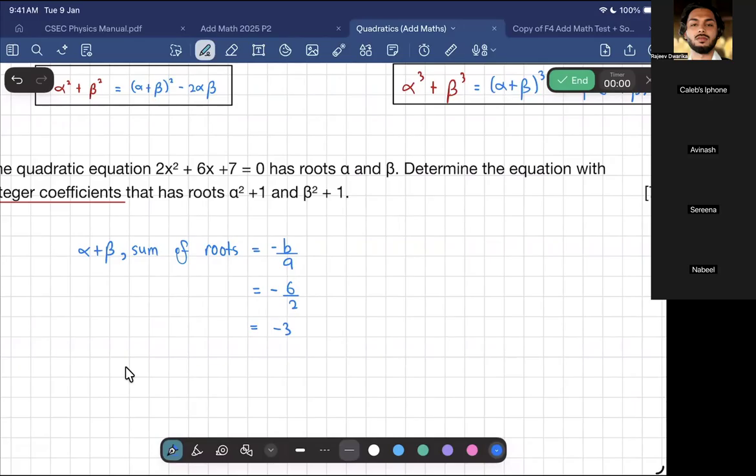What is the other thing we need to find? The product of the roots. Yep, we need to find the product of the roots. So alpha is one root and beta is the other root. So we're going to write alpha beta, and this is the product of the roots. And that is going to be equal to what over what?